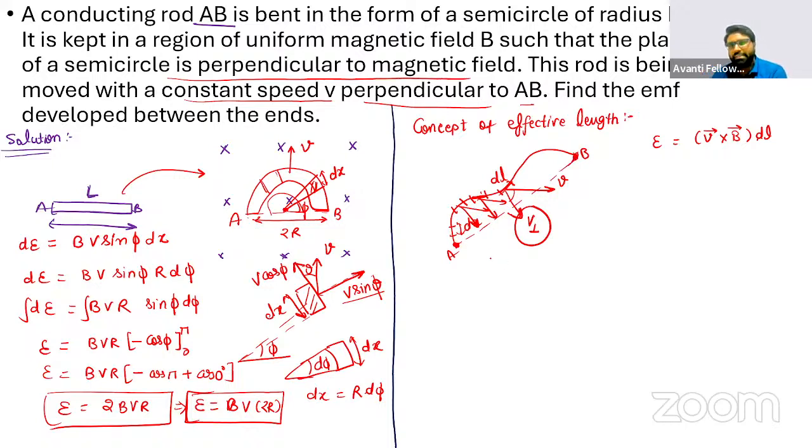अगर आप देखो ध्यान से, this particular conductor of random shape, ठीक है, इसके हर एक एलिमेंट dl एलिमेंट पे मोशनल ईएमएफ जनरेशन का कारण सिर्फ और सिर्फ V perpendicular है. ठीक है.